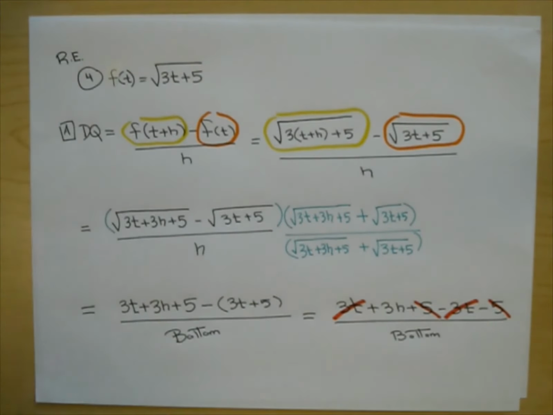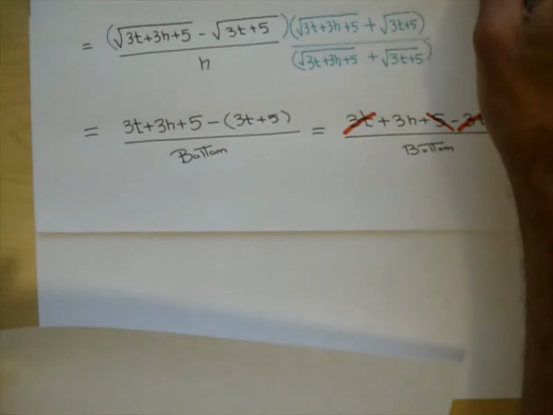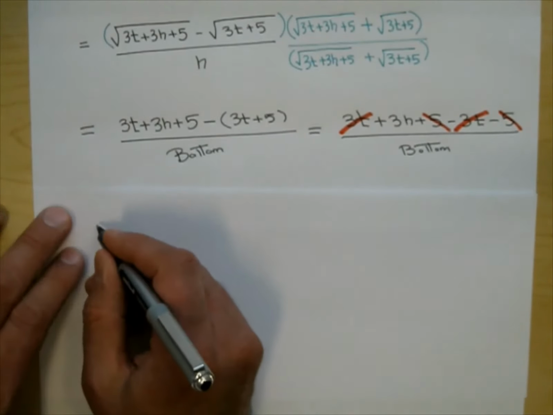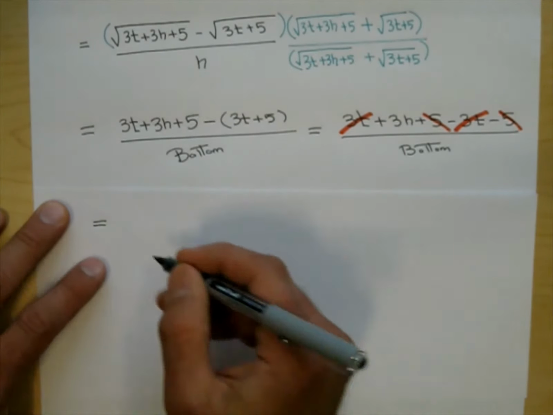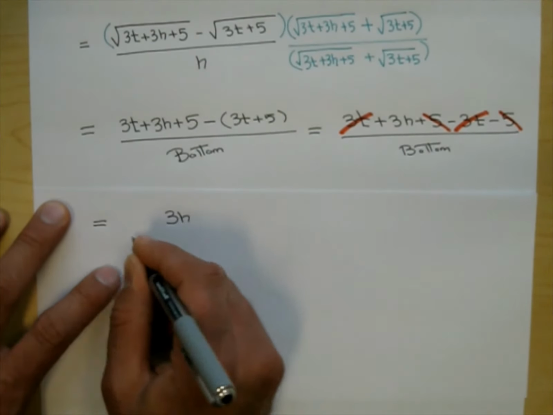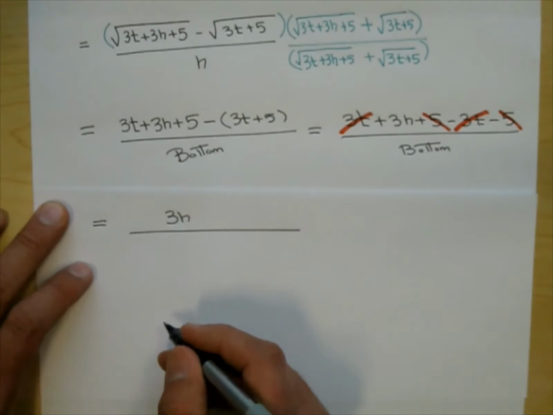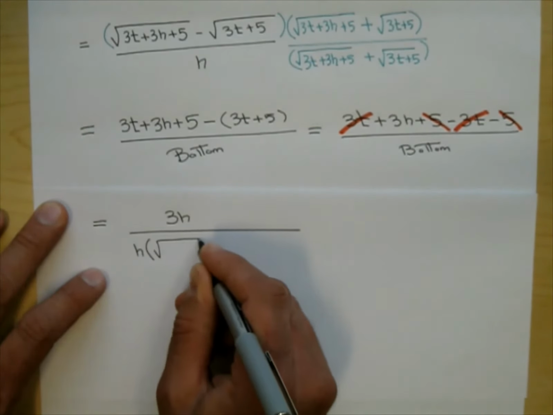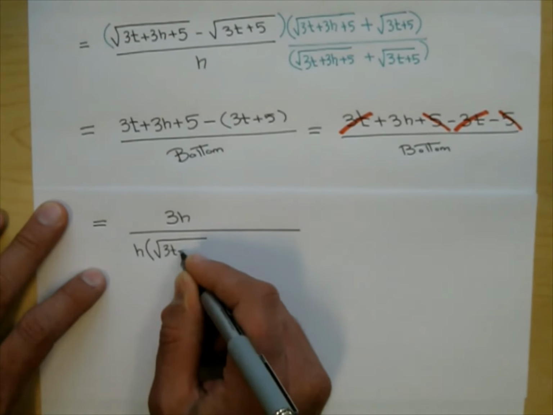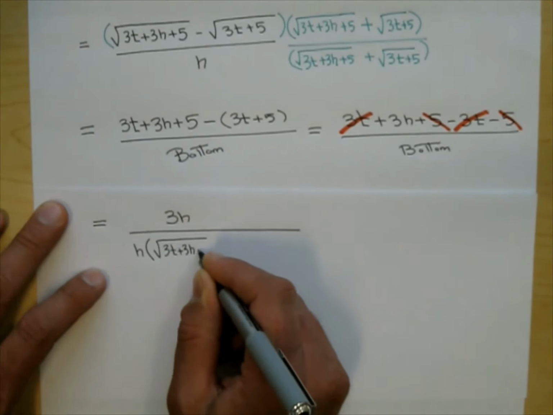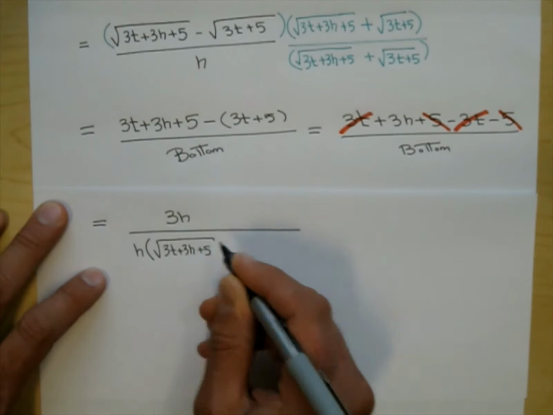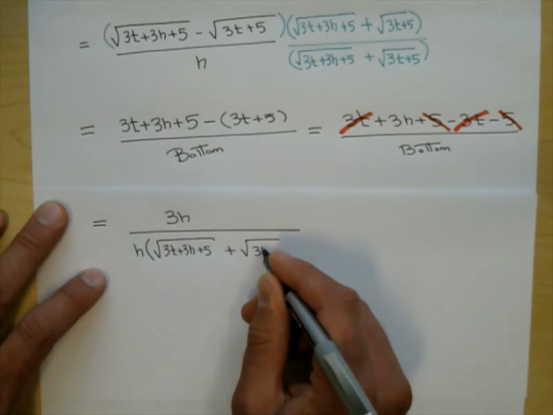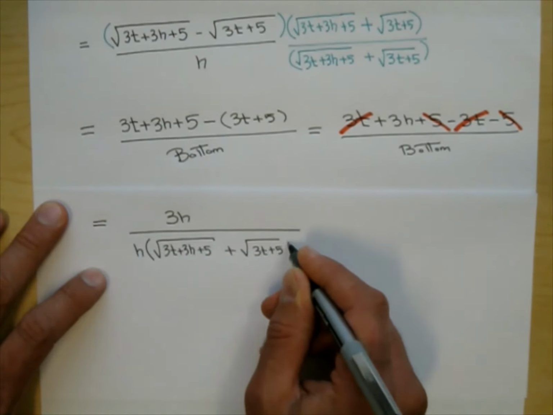So another piece of paper, put that right there. We are going to say this equals 3h. Now it's time to write the bottom. So this is h times the square root of 3t plus 3h plus 5. And then we have plus the square root of 3t plus 5, with parentheses around that.